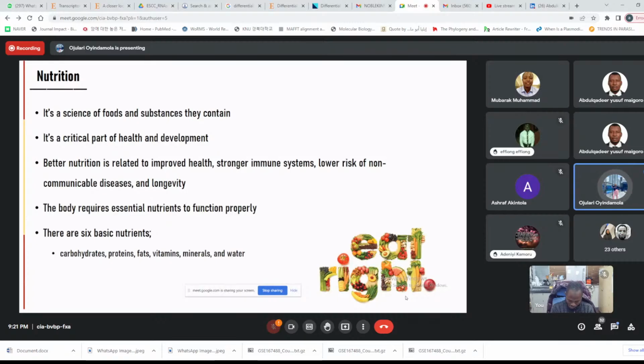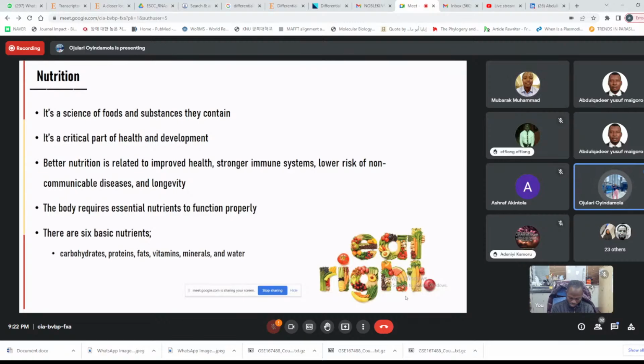And also, about 60% of our body contains water. So all of these food classes have unique functions in our body, and they are essential because each of these classes work together to contribute to the well-being of every individual.